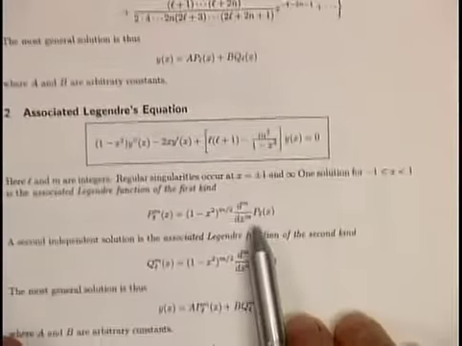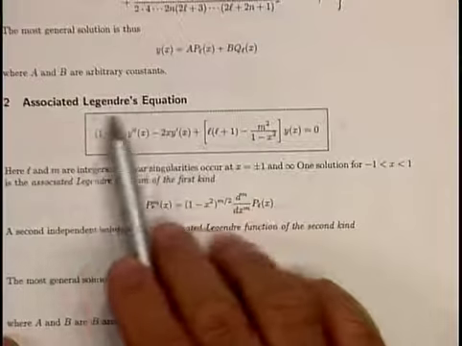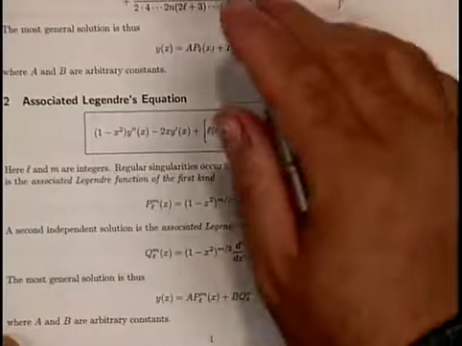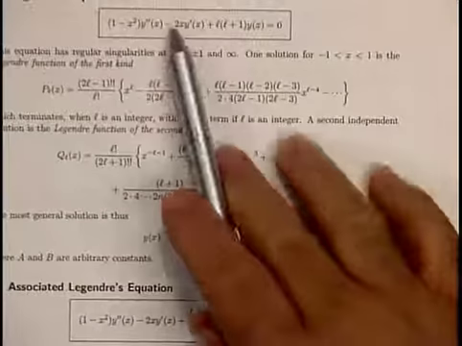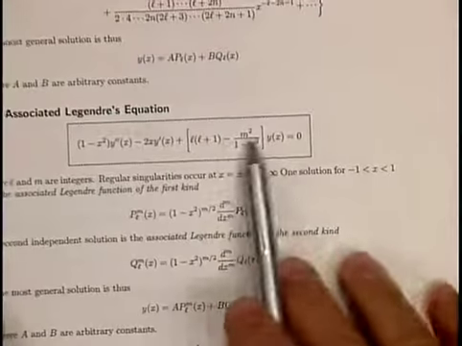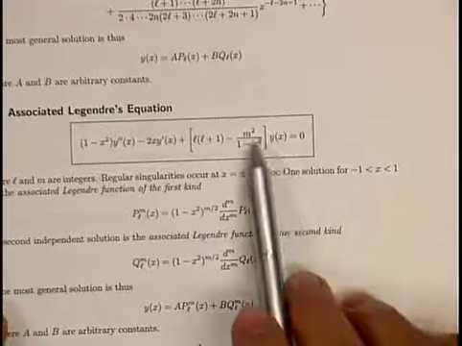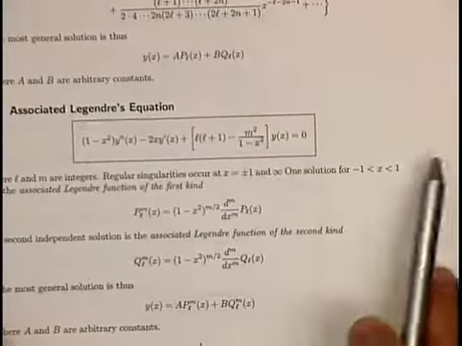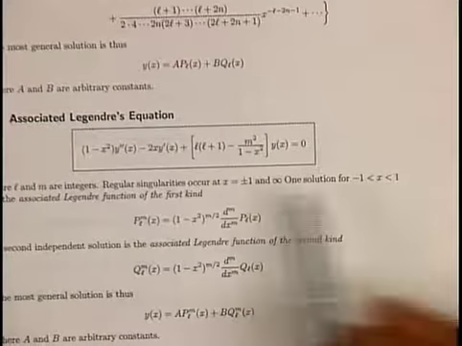Then the other one is the associated Legendre equation. The difference between the Legendre equation that you see and the associated Legendre equation is that you have an extra term here, m squared over 1 minus x squared, and L and m are integers.